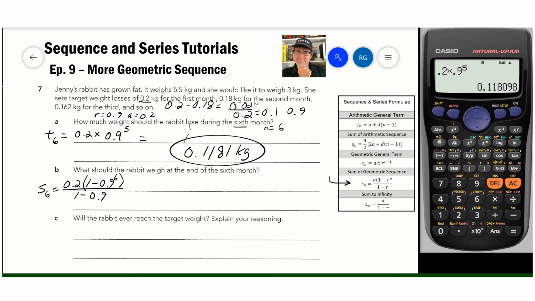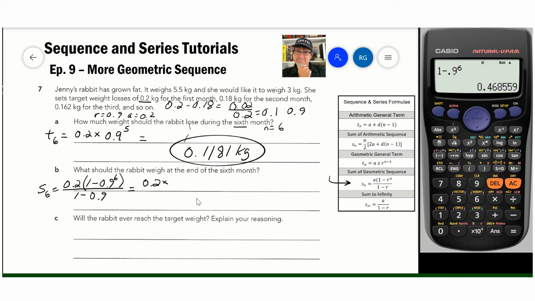All right, let's do a little simplifying in this numerator and denominator. So we've got 0.2, and that's going to be times, let's see what we can get out of this parentheses here. We've got 1 minus 0.9 to the power of 6. That gives us 0.468559 in there.